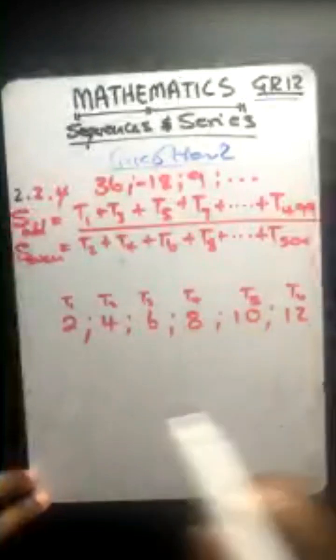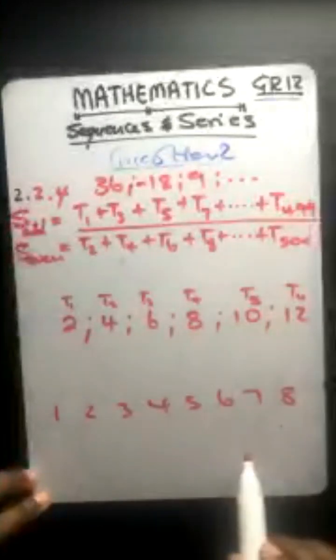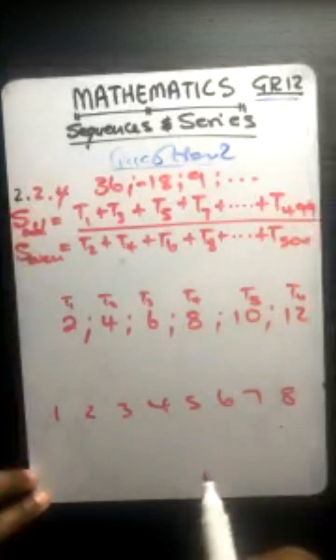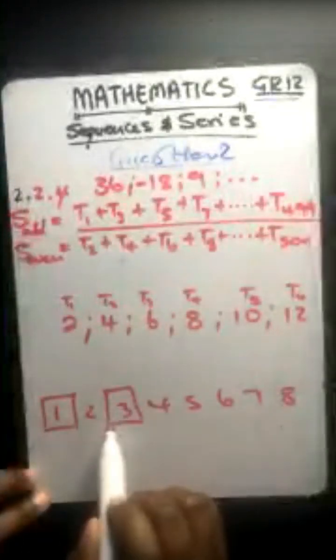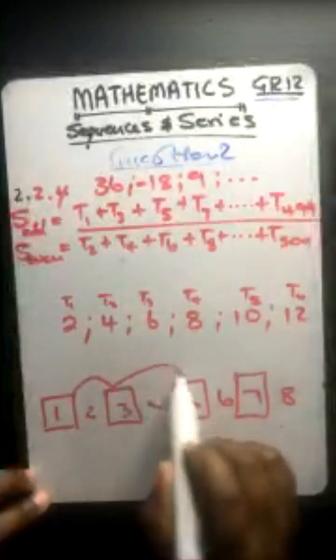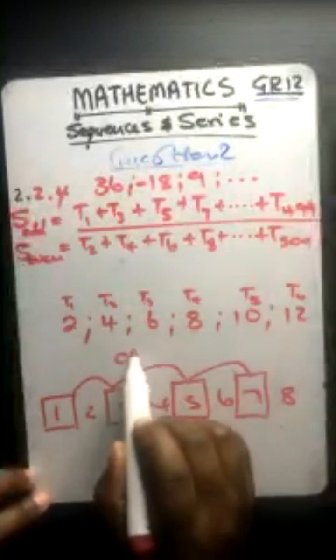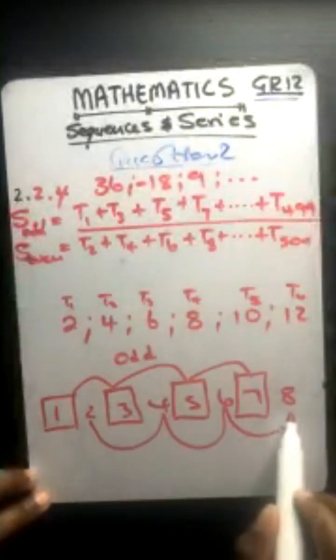Remember, the even numbers are numbers like 2, 4, 6, 8. But maybe let me do this. If you have 1, 2, 3, 4, 5, 6, 7, 8, the odd numbers are the numbers that you cannot divide by 2. For example, that one, when you skip a number, that one you skip another number. These are what we call the odd numbers. Then 2, 4, 6, 8 are what we call the even numbers.